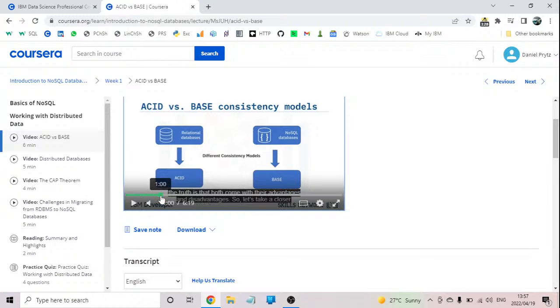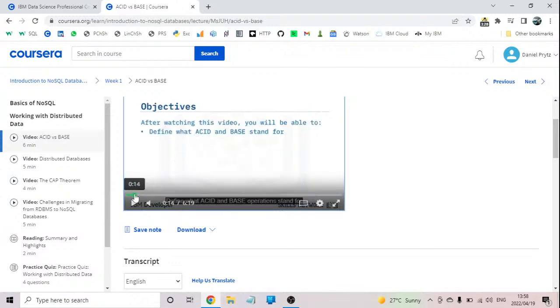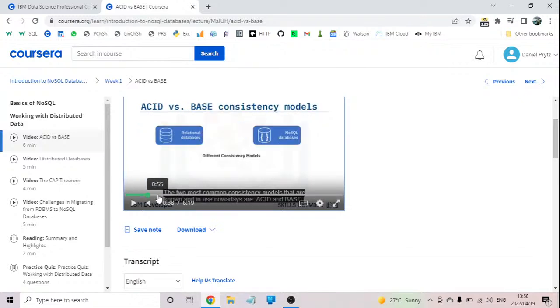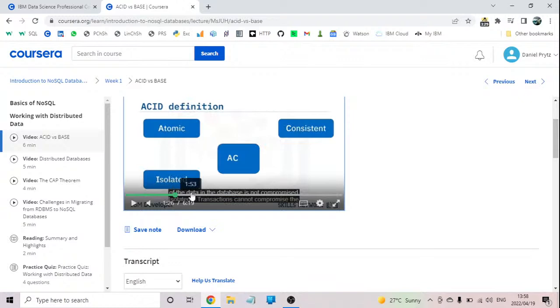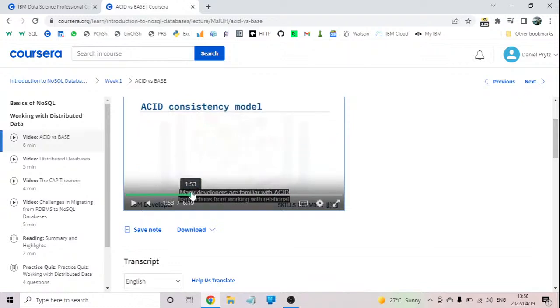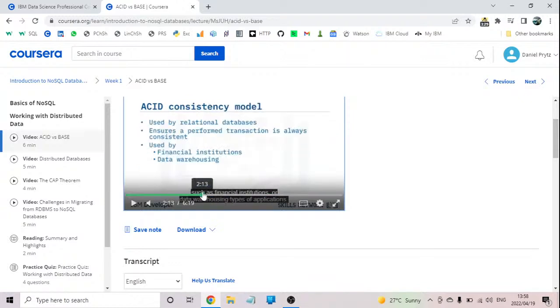Clear advantage and disadvantage, this is not actually it. Wait, did I miss a question? Stand for. I guess maybe they mean define it.